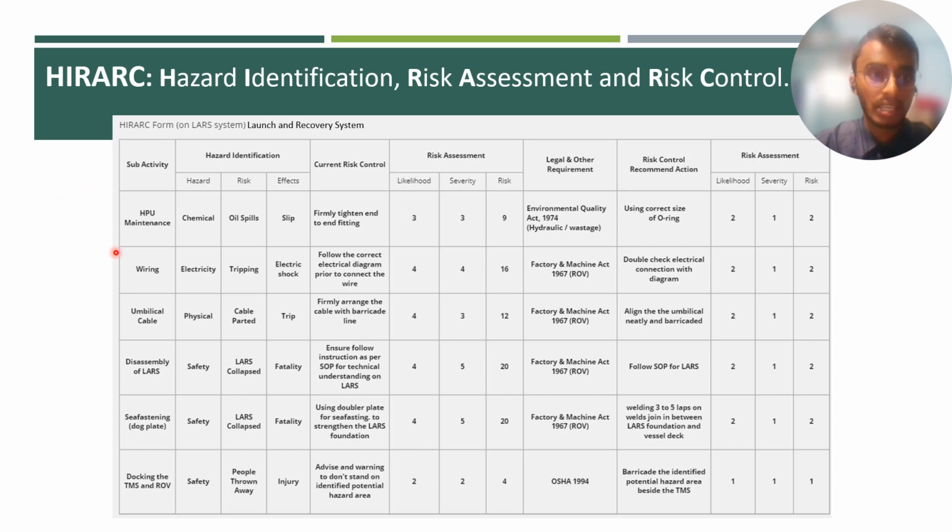First sub-activity is HPU maintenance, that is identified as chemical hazard, and the risk is oil spill and the effect is slip. So the current risk control is firmly tightened end-to-end fitting, and the risk assessment of it is likelihood 3 and severity 3 and the risk calculated is 9.